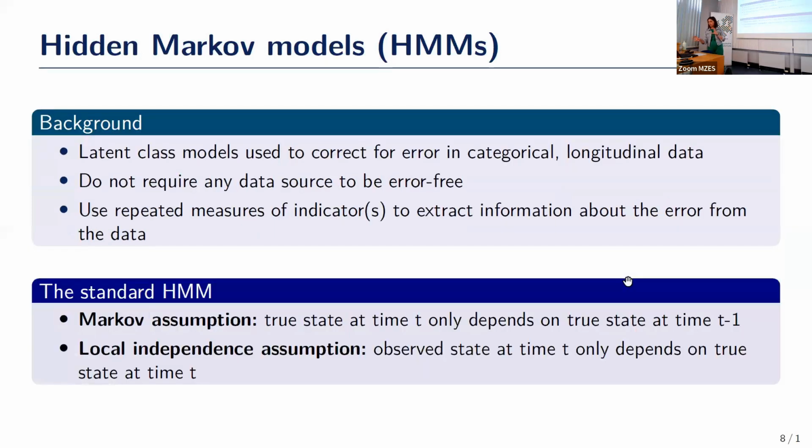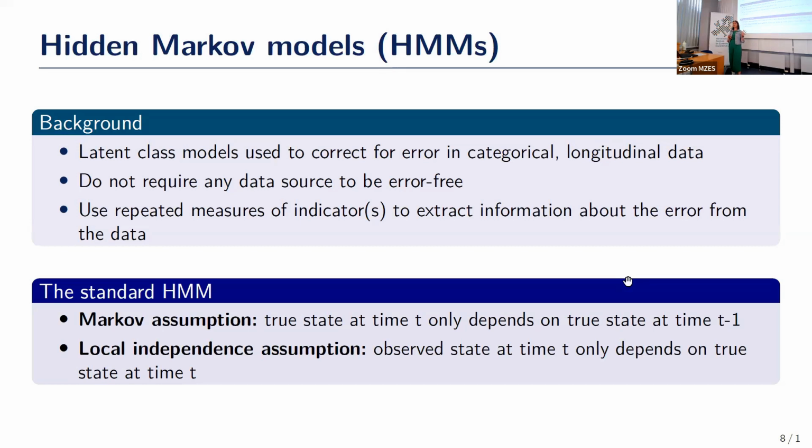So I will talk a little bit about the standard hidden Markov model, and then I'll show an example of an extension. The standard hidden Markov model, to be identifiable, relies on 2 assumptions: the Markov assumption and the local independence assumption. The Markov assumption is that any true state that we have, so if we continue with my example, any true contract type at time t, only depends on the true contract type at time t-1.